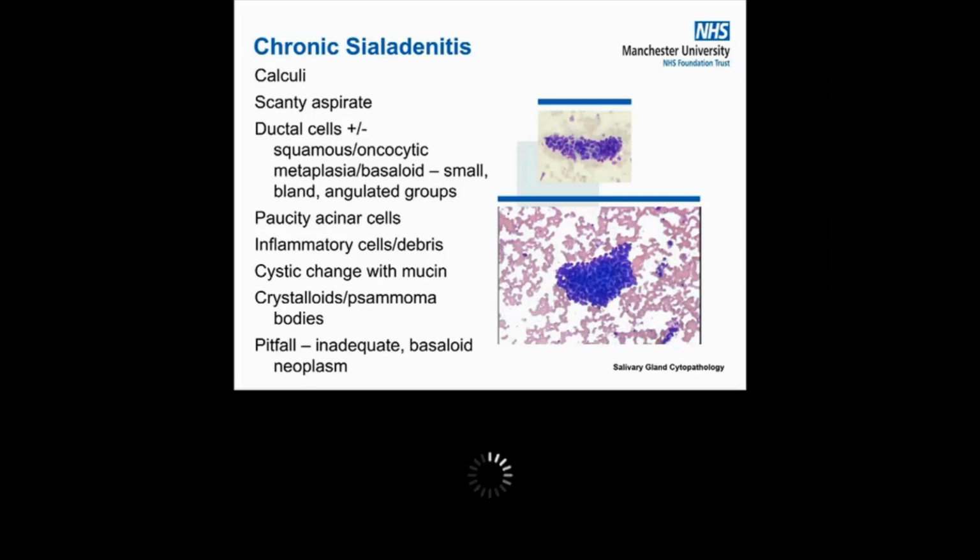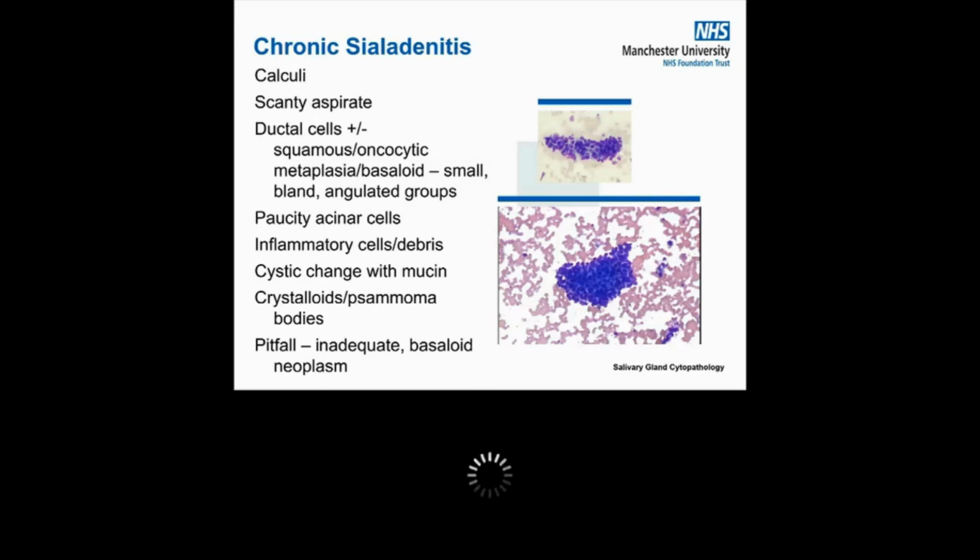There can be cystic change with mucin, which can cause problems distinguishing from mucoepidermoid carcinoma. But generally, the typical features of ductal epithelial cells and background inflammatory cells can lead us to the correct diagnosis.